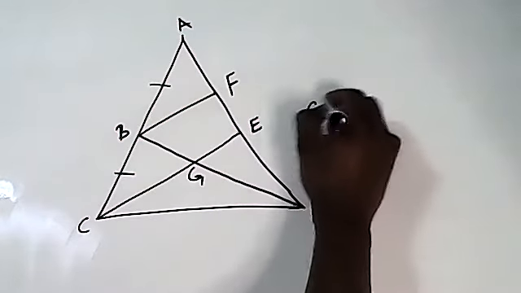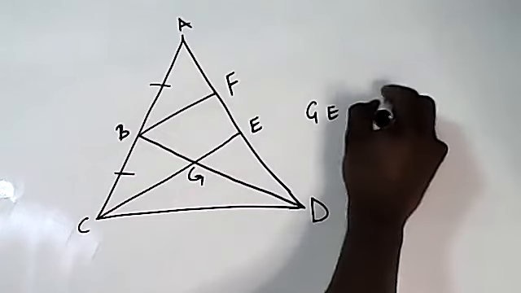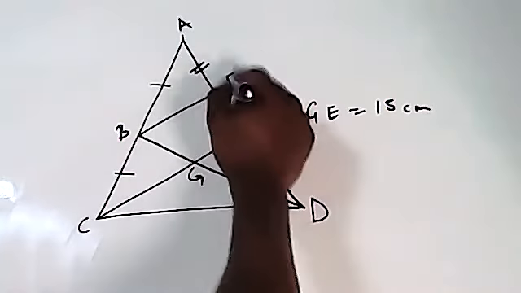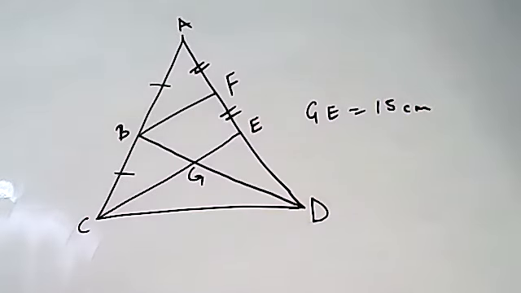So I'll just write it here that GE is 15 centimeters. And we are told that AF is equal to FE, which is equal to ED. That is what we are told. And we are asked to determine the length of CE.